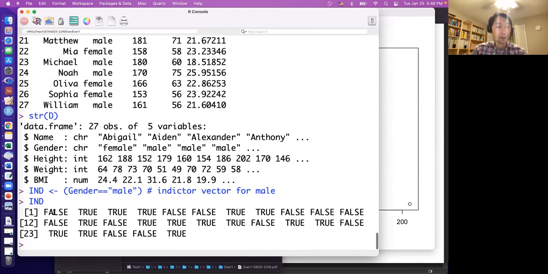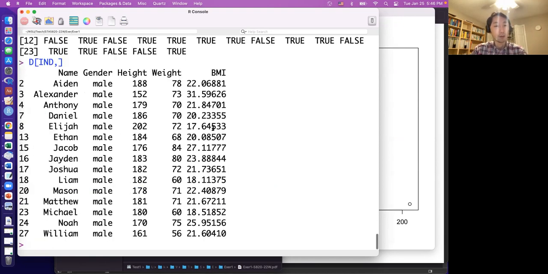So true means male and false means female. Then we can confine D by IND, and it only picks up the true lines. So this makes just a data set for male.